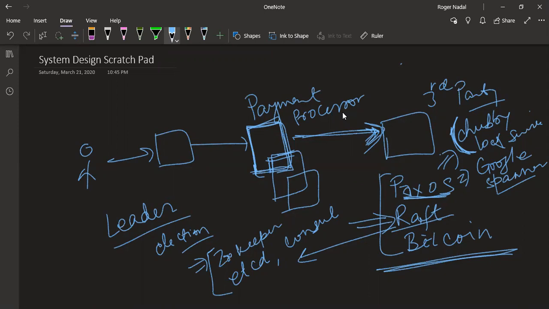Okay, so what you're saying is the client can send multiple requests to the leader, but the leader only sends one request out. Oh, yes, the client will not say, okay, charge me one more time. You will have that handled already, so there are not multiple requests for double charging.